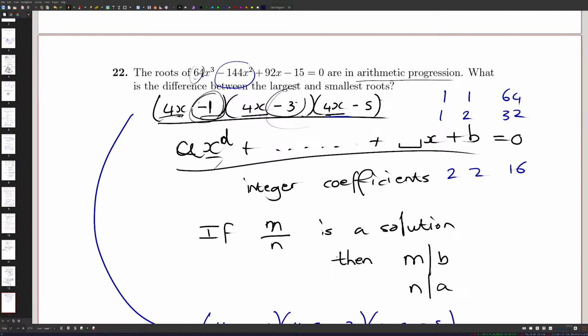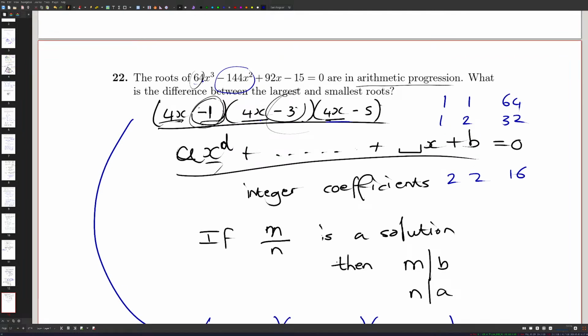It's maybe a bit more reasonable that they're all roughly equal because you do want the roots to be an arithmetic progression. 1, 1, and 64 is definitely not going to work because then you're going to have an integer, and some integer over 64.